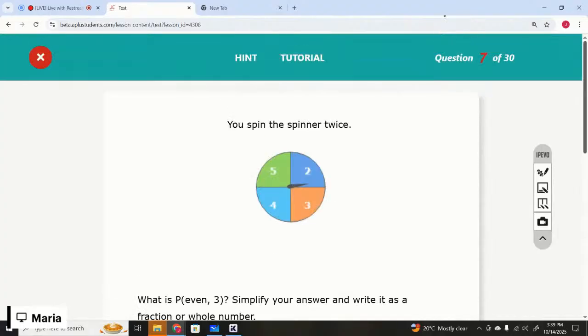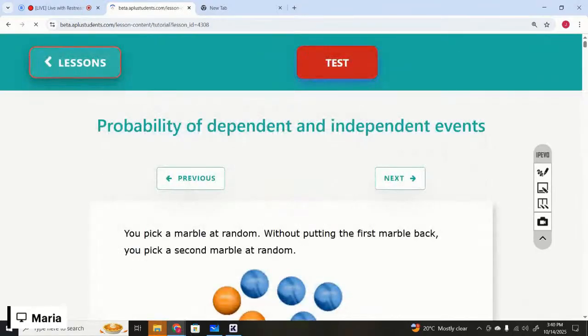Okay, you can complete the lesson by yourself later today. So we were working on grade 6 math. The chapter we were working on is probability.